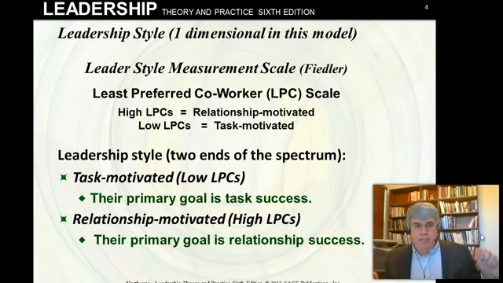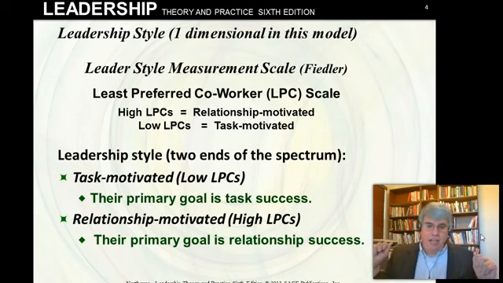And at one end, you have people whose main concern is getting the task done. And at the other end are the relationship high LPCs that are relationship motivated, whose primary goal is to have success in relationships. The good relationships are their priority rather than getting the task done.